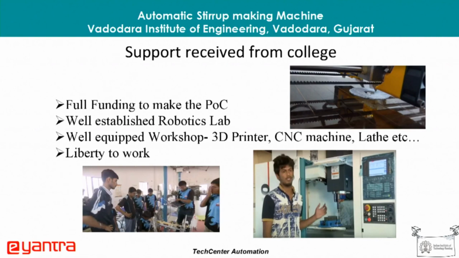We also have a well-equipped workshop with a 3D printer, CNC machine, lathe machine, etc. Every year we take one industrial project, and to do all the machining we have the workshop. So students can do all the machining in our college only, and it reduces the cost.